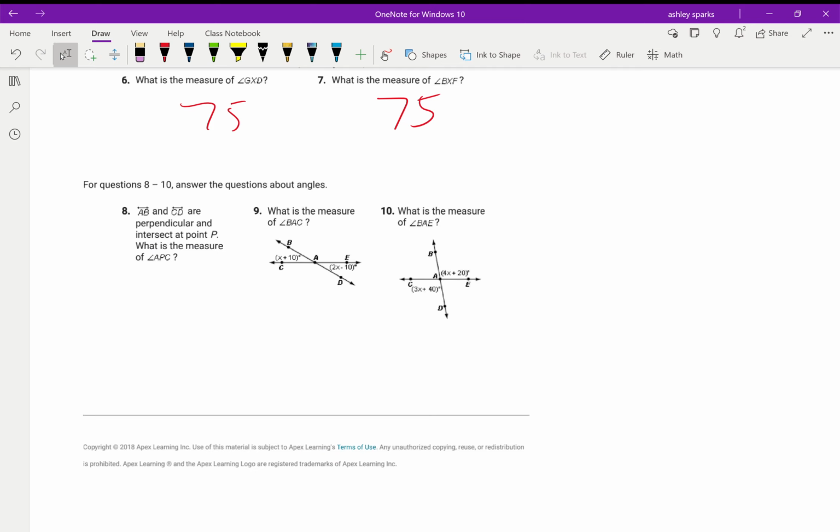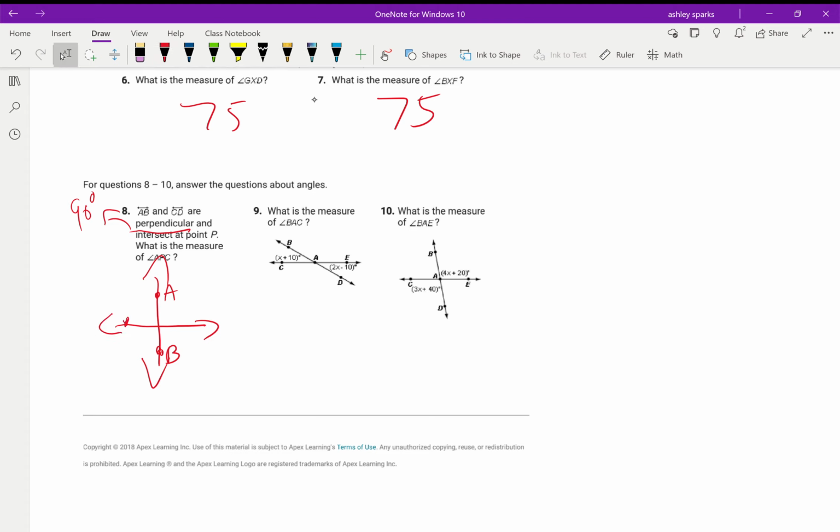And then 8 through 10, they make it a little harder. It's a little bit of algebra coming into play here, or definitions. So number 8 says line AB, so A and B, and CD are perpendicular. That's another word for 90 degrees.